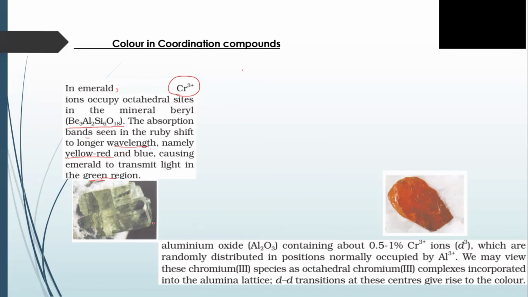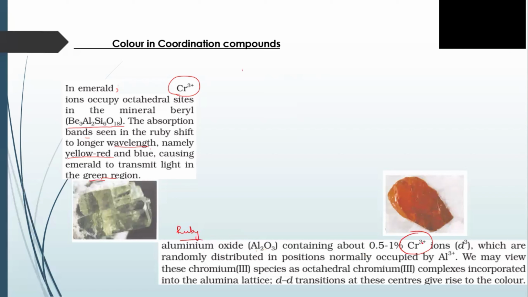And in the case of ruby, what's the color of ruby? Ruby is bright red. The structure of ruby is like this: aluminum oxide containing about 1% of Cr3+ ions. In the crystal structure, some of the positions of Al3+ ions are occupied by Cr3+ ions.